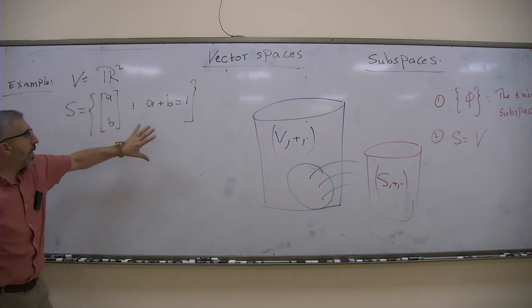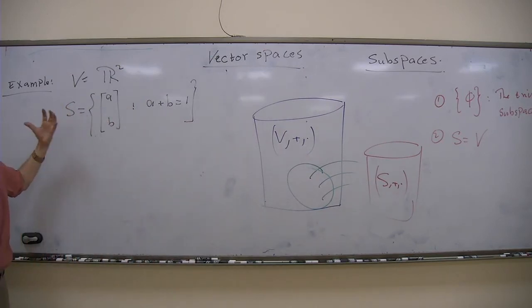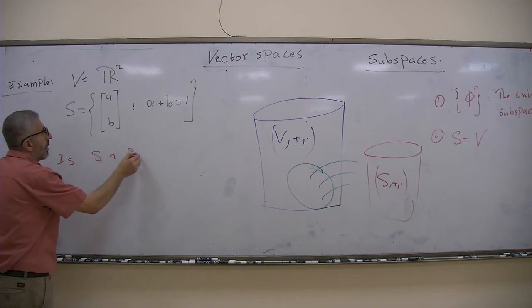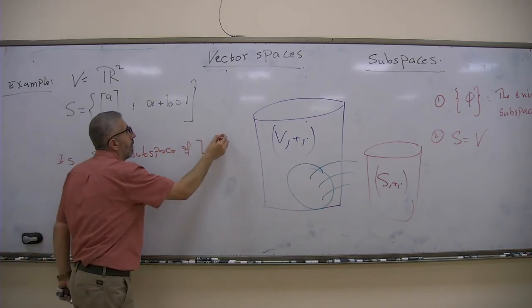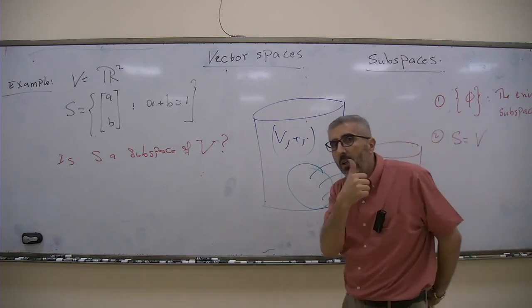I'm going to use the same addition and the same scalar multiplication. Is S a subspace of V? Remember, what was the first condition that you need to check? Either it is not empty or you need to guarantee the zero object is there.